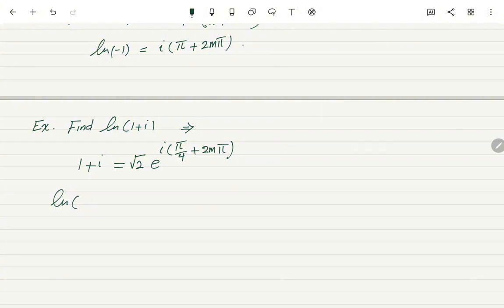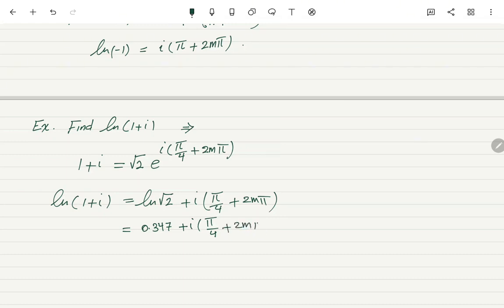Therefore ln 1 plus i equal to ln square root of 2 plus i pi over 4 plus 2m pi. Use the calculator, you can find ln square root of 2, which is 0.347, plus i pi over 4 plus 2m pi, and remember m equal to 0, plus minus 1 and plus minus 2.